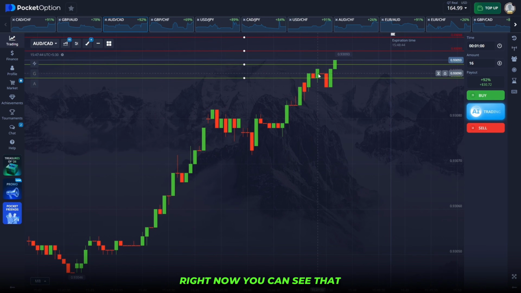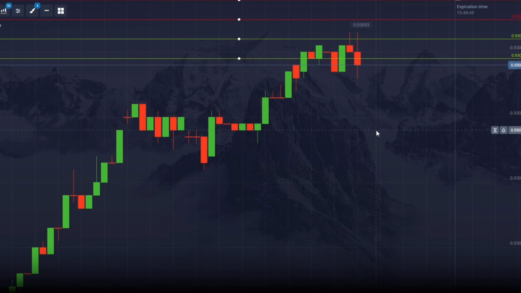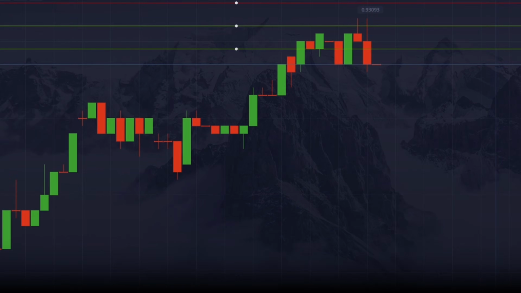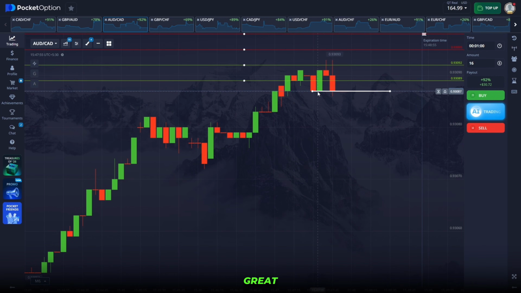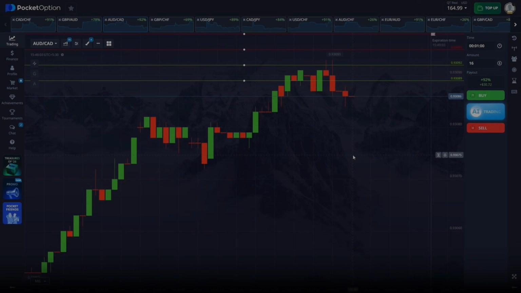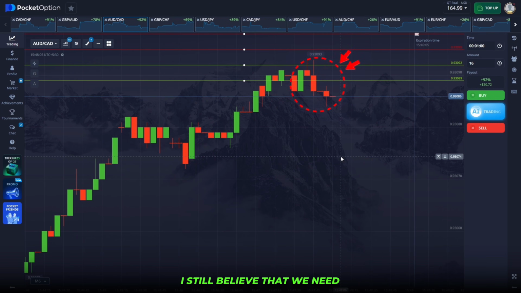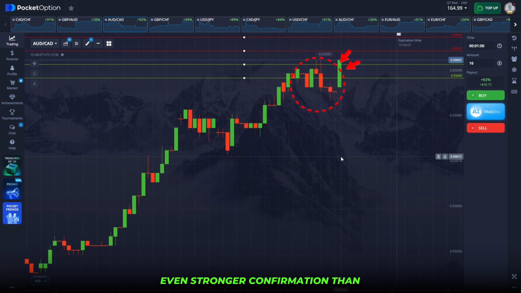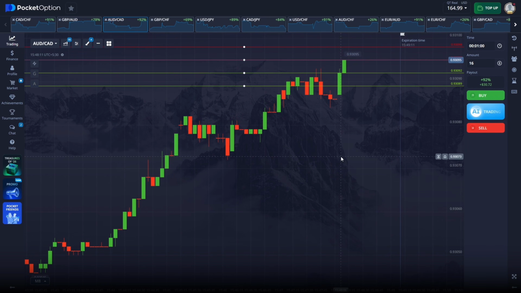Price is still pushing in the upside direction. The candle closing is not great. I still believe that we need even stronger confirmation, then only I will be able to place my trade.